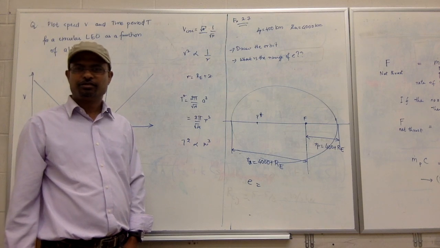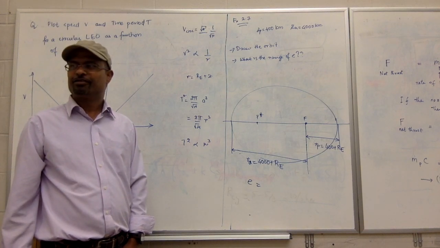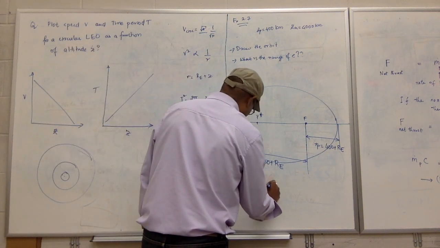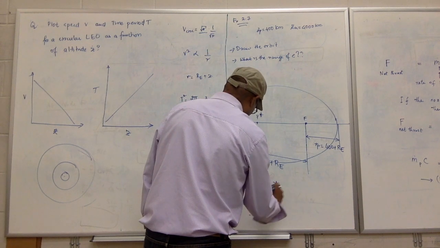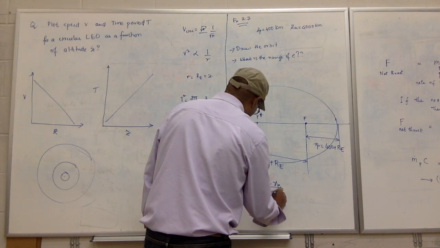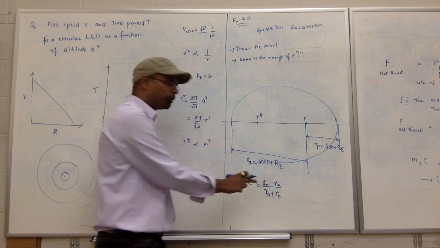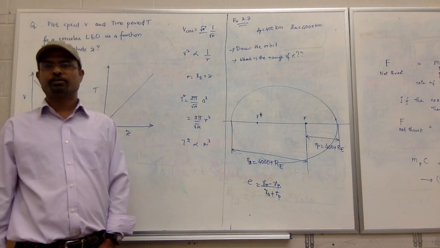ZA minus ZP over ZA plus ZP. There is another equation: RA minus RP over RA plus RP. That is what you know is the formula, right? How do you say it in words?